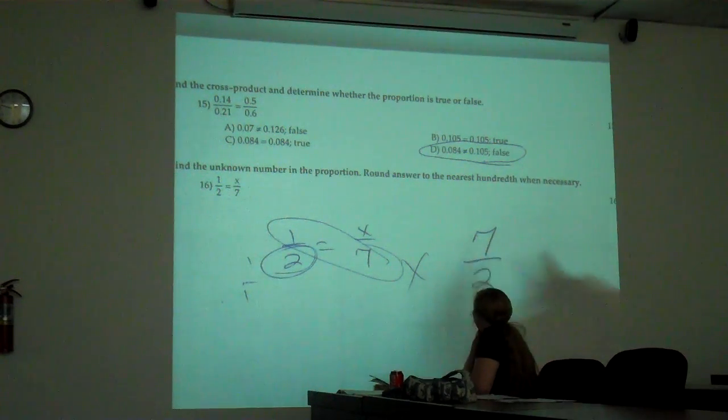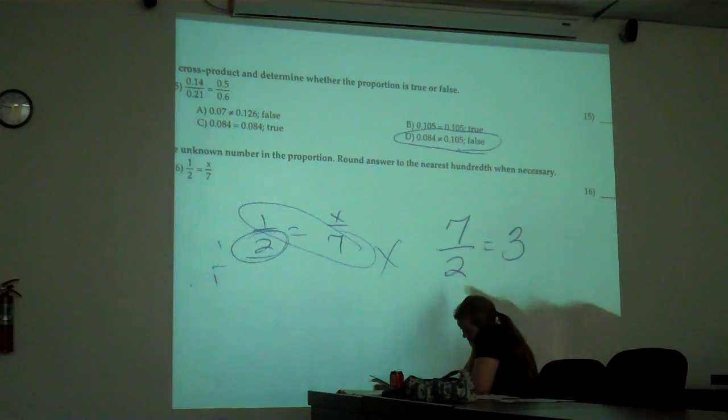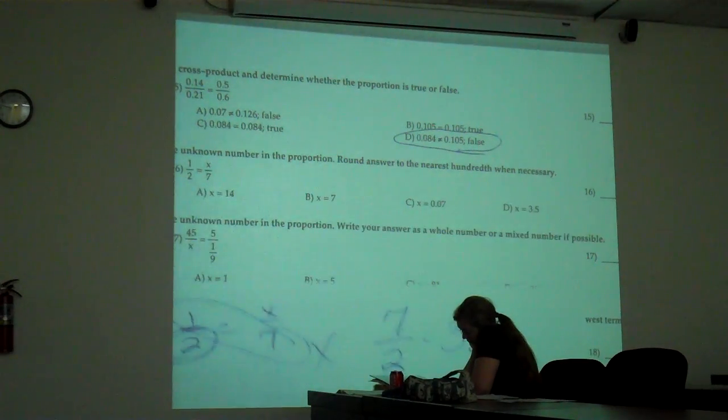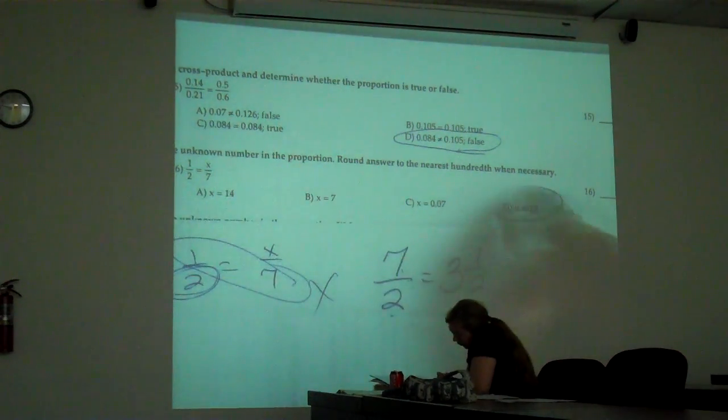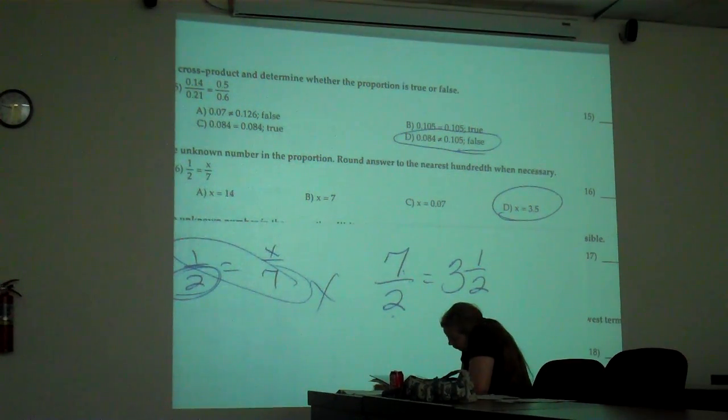So it'd either be this, or you would say 3 and what? 2 goes into 7 3 times, and 1/2. They don't have it written as 1/2 though. 3.5, yeah. If you put 3.5 and I see a 3.5, it's still right.